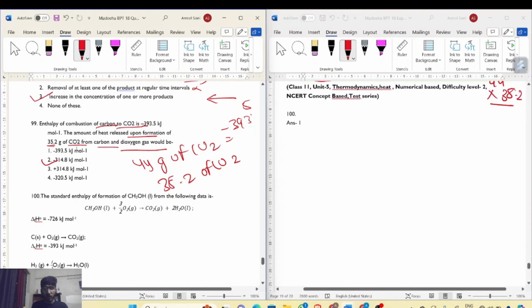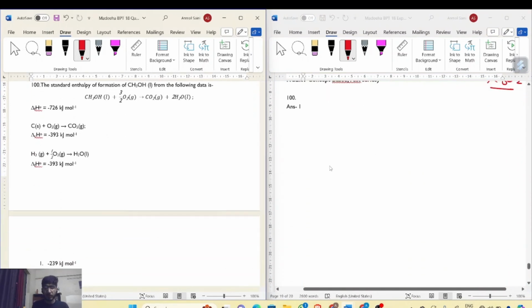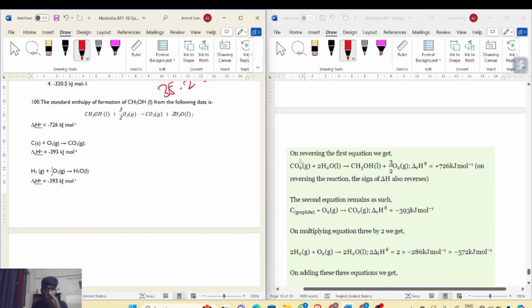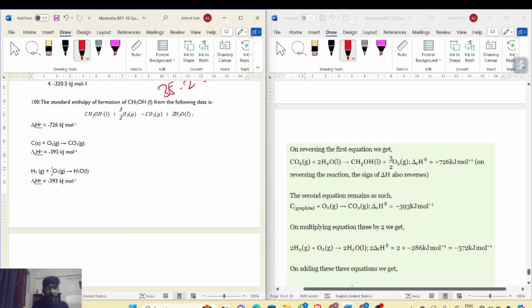Now comes the last question. The standard enthalpy of formation of CH3OH liquid from the following data. We have to form CH3OH in the product, and we have to calculate its enthalpy of formation.